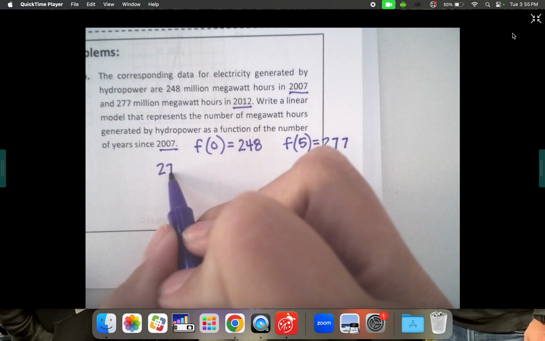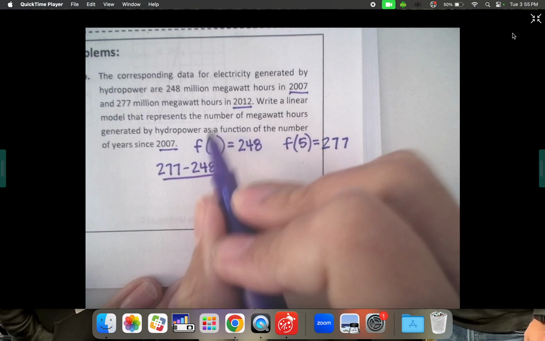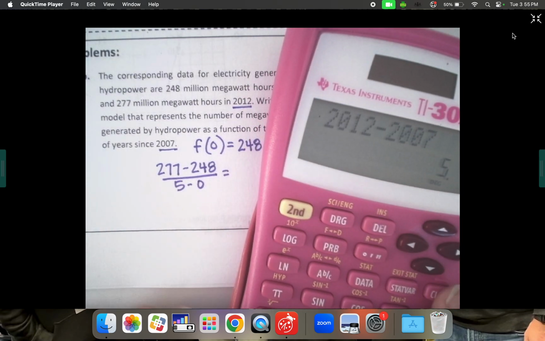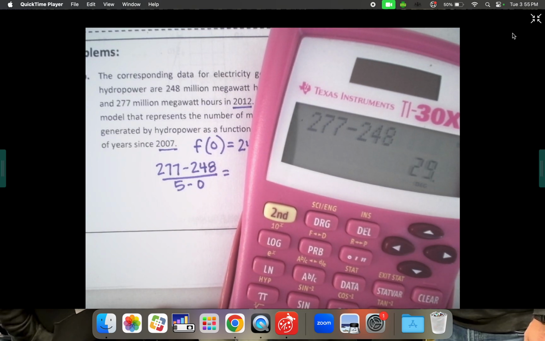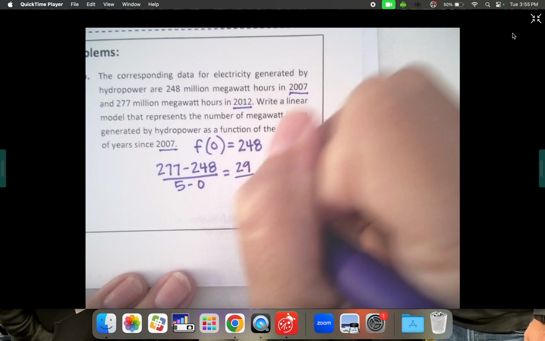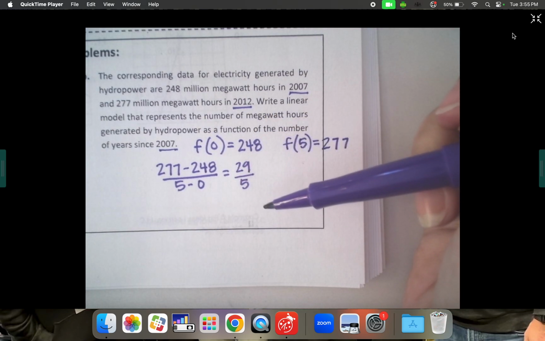So 277 minus 248 over 5 minus 0. 277 minus 248 is 29. 29 over 5. That does not simplify nice and neat.